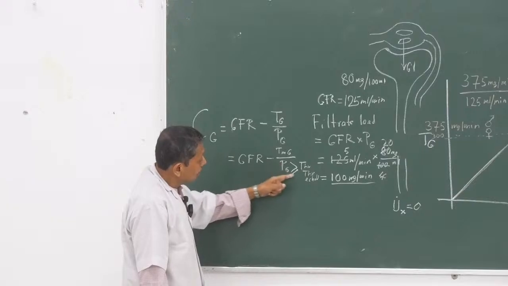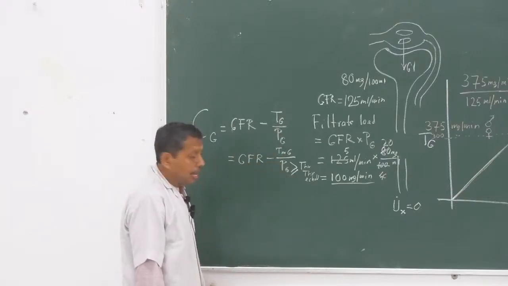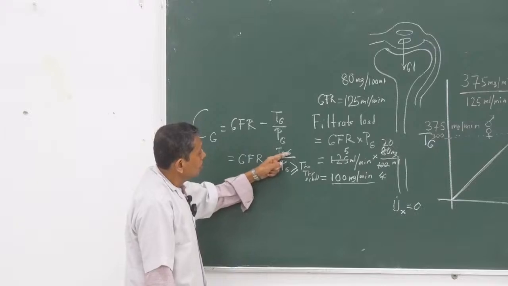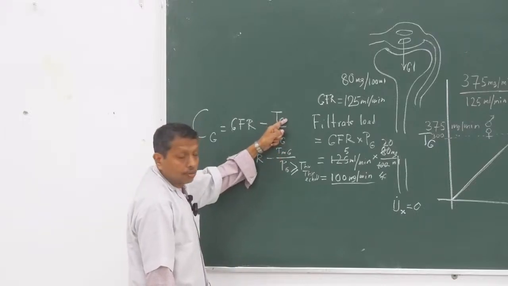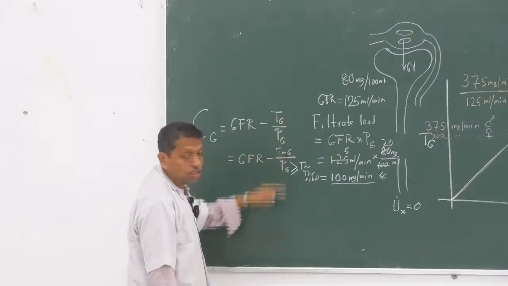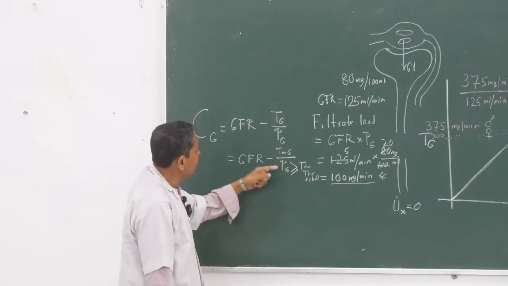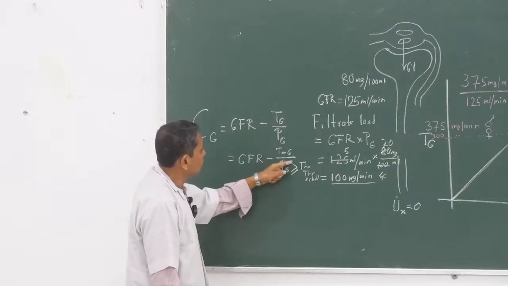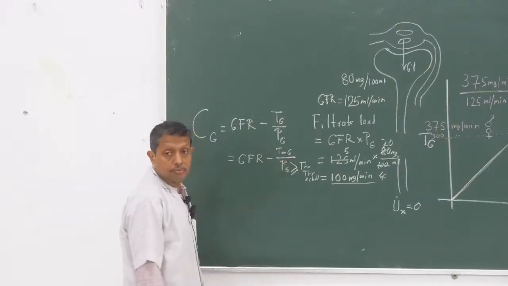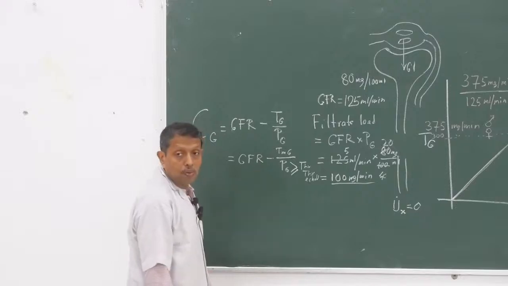But whenever it exceeds this value, then it is coming into the urine, and TMG is constant while the plasma glucose concentration goes on increasing, so ultimately clearance will approach that of the GFR value.